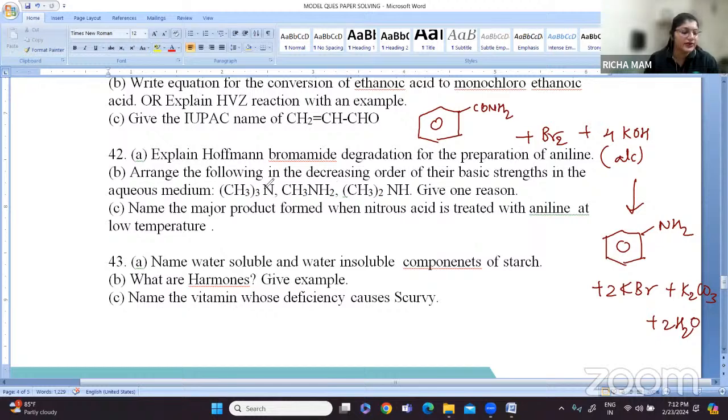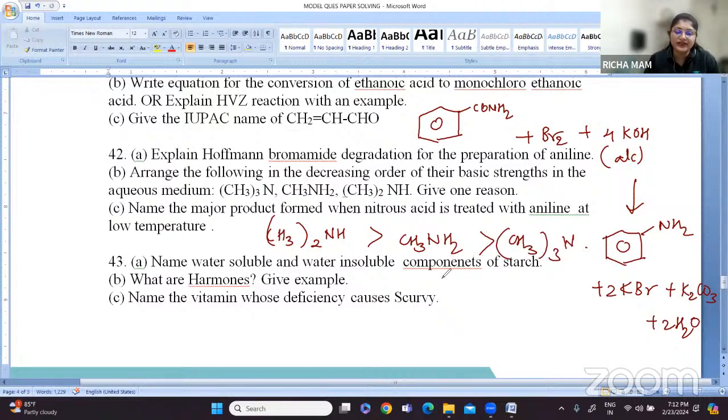Okay. Arrange the following. How will you arrange it in the decreasing order? First will be (CH3)2NH, then CH3NH2, then (CH3)3N. What is happening here?